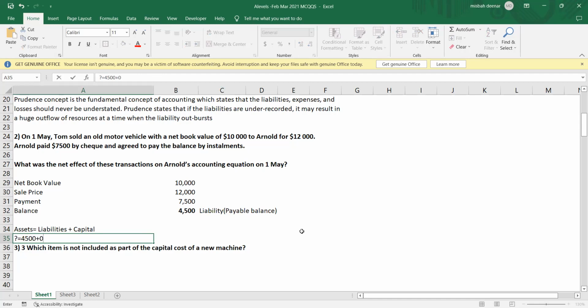Therefore, assets equal liabilities plus capital, so assets would be 4,500. If I go by this accounting equation, my answer should be D. No effect on equity capital, and assets are increased by 4,500.